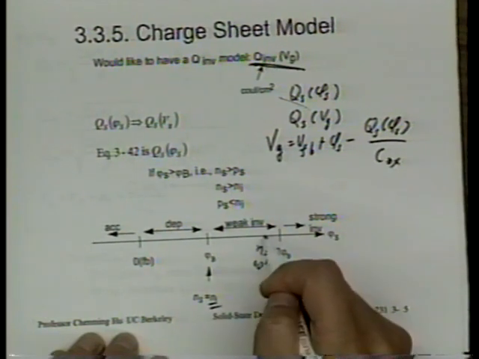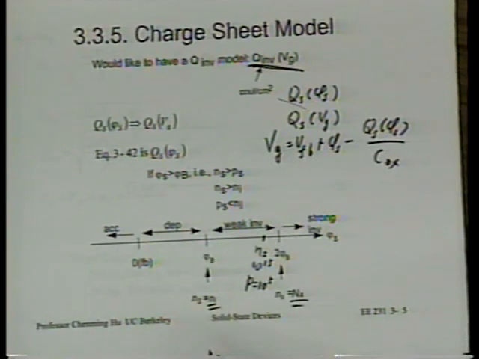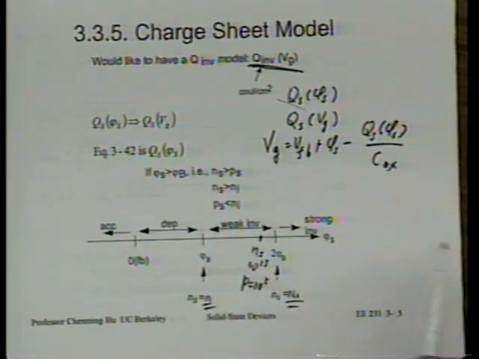At this same phi s, the hole concentration will be only 10 to the 5th. Do you say we have inverted the surface or not? We have inverted the surface, right? And this, by the way, later we will see is what's responsible for the subthreshold leakage current of the transistor. So it's very common to call this the inversion region, but it's the weak inversion region. All right. So this would be the depletion region. This will be the weak inversion region. This is the strong inversion region.